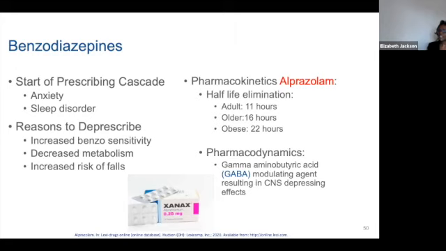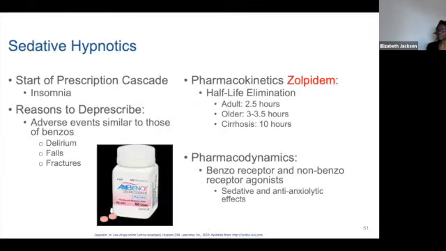They have decreased metabolism of this drug. And as a result, they have an increased risk of falls by taking alprazolam. So this is a drug you want to narrowly tailor to the patient and make sure that the dose and other drugs on board are appropriate. Going on to the next slide.